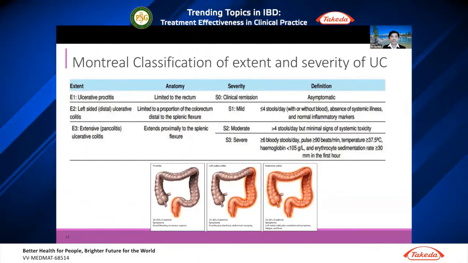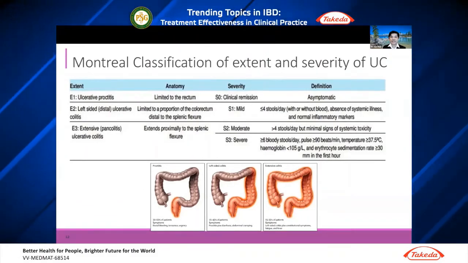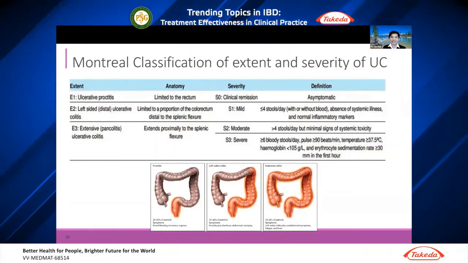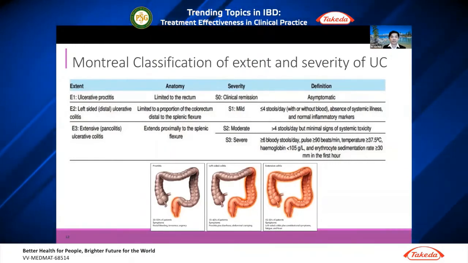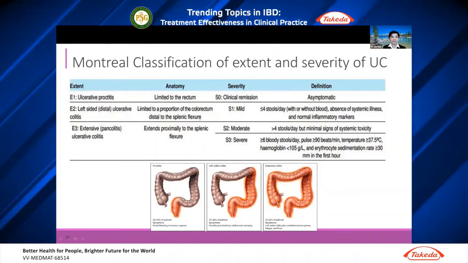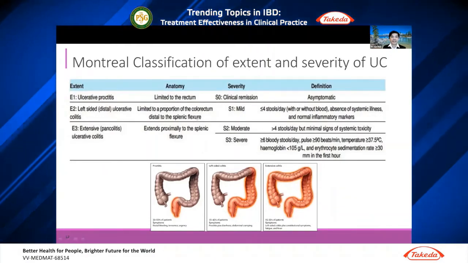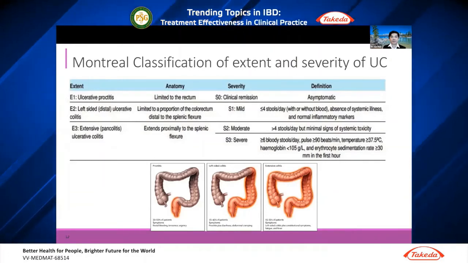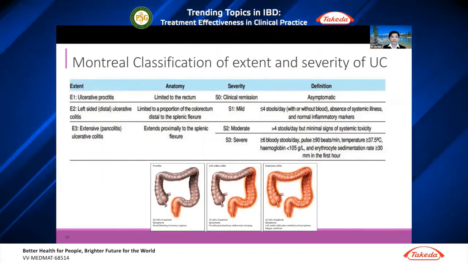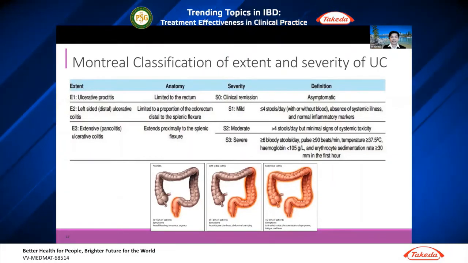This is the Montreal classification of extent and severity. E1 is ulcerative proctitis, so it's limited to the rectum. E2 is left-sided ulcerative colitis, so it is limited to a proportion of the colorectal area distal to the splenic flexure.